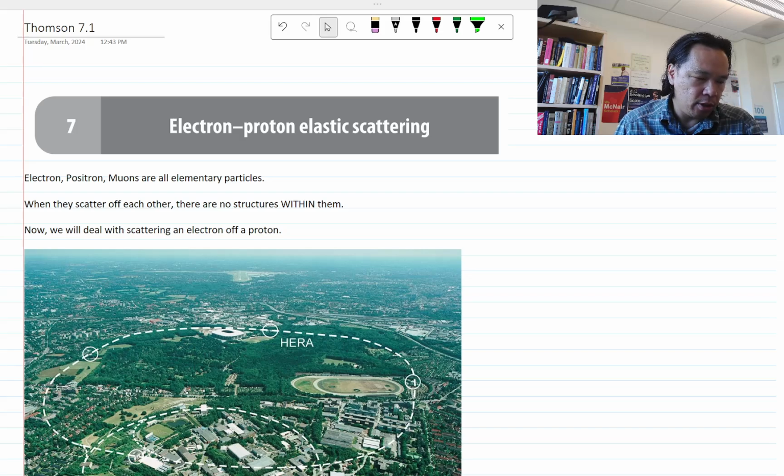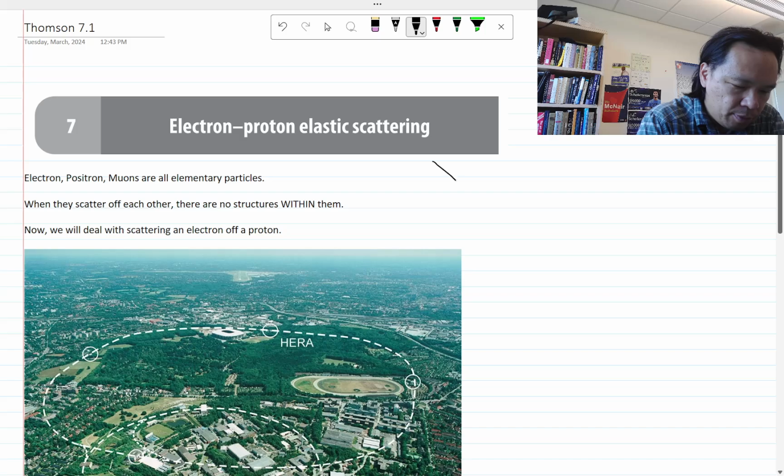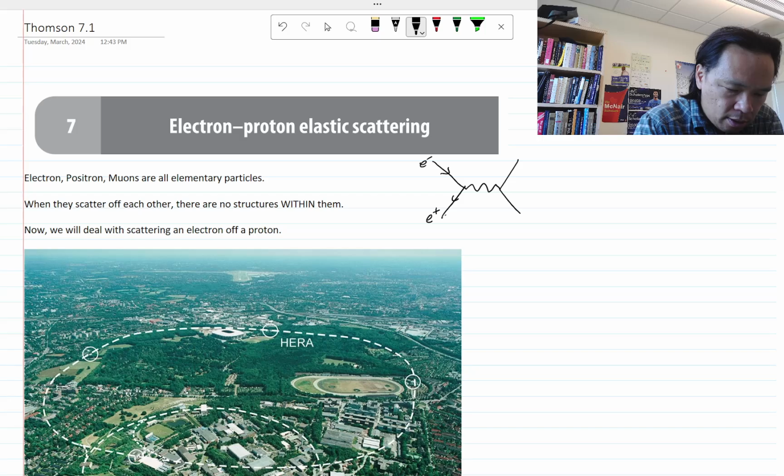So last chapter we did cross-section calculations for electron-positron annihilation, and then it decays into muons, but it could decay into other things. But the muon was just shown as an example. We have an e minus, e plus, creates this virtual photon, and then we're going to have a mu plus, mu minus.